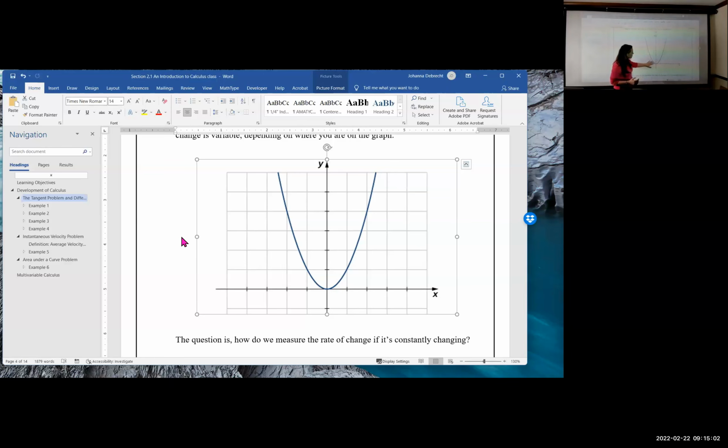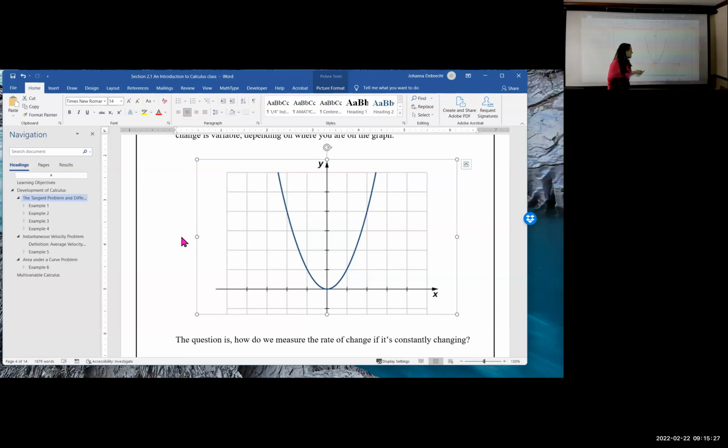As it approaches the origin, though, the rate of change slows down. So it becomes less. Does everybody see that the y values are not changing as rapidly compared to how the x values are changing? And when you get to the origin, the actual rate of change at the origin at that one instant is 0. It's not changing there.